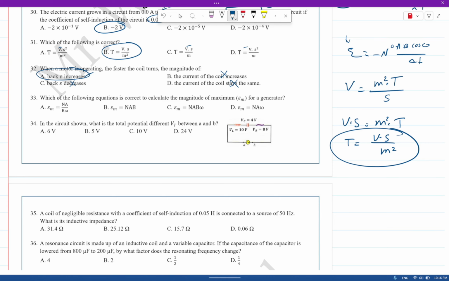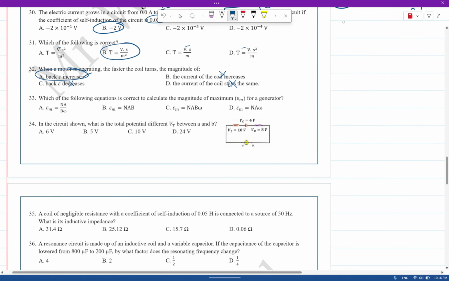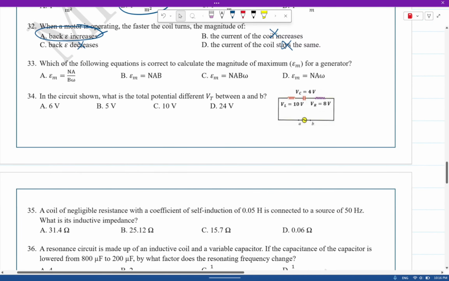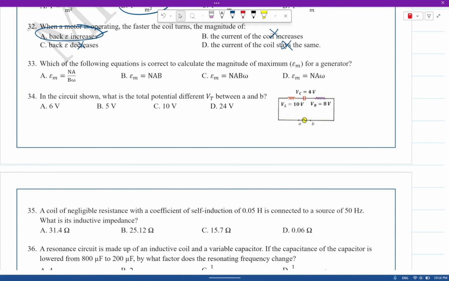All right, next. 33 says, which of the following equations is correct to calculate the magnitude of the maximum EMF for a generator? Now remember, for a generator, we have this equation: the induced EMF is equal to NAB omega sine omega t.